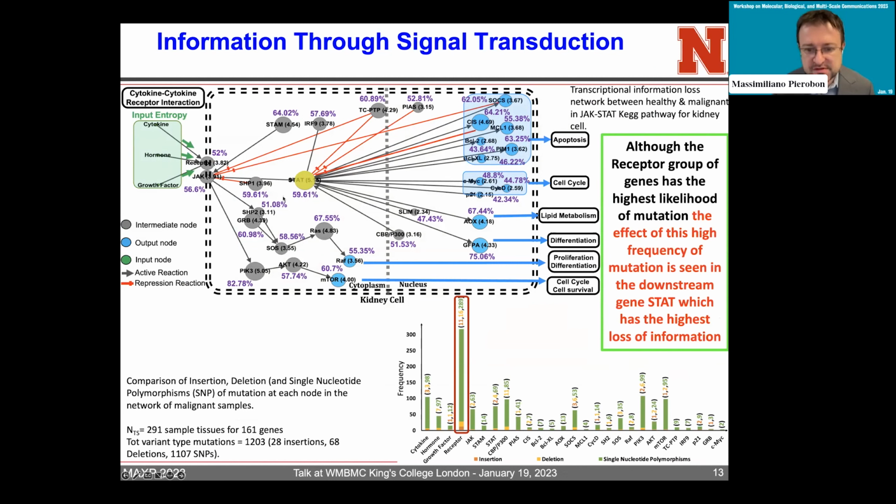And why do I have this information loss? It is because I have a mutation in the encoding of a protein that is on a membrane, and this protein is responsible to gather signals from outside, and especially growth factors and hormones and cytokines, which regulate cell growth. And when I have this mutation, this information is lost in this link.